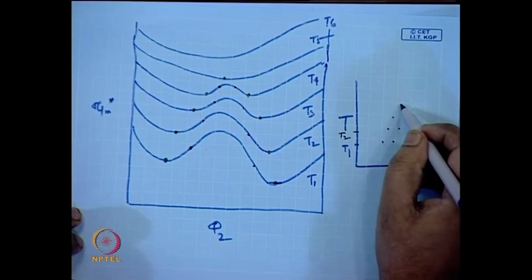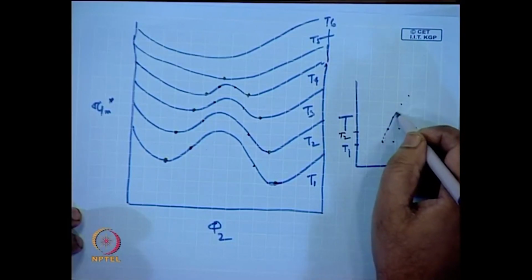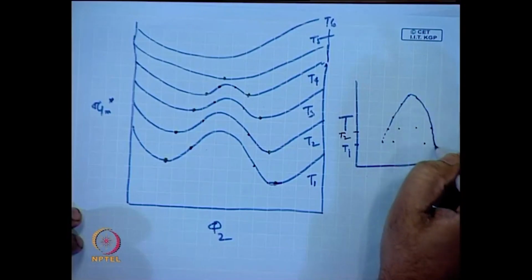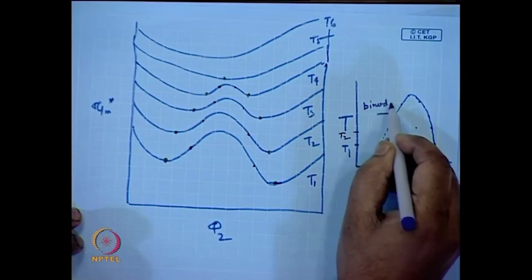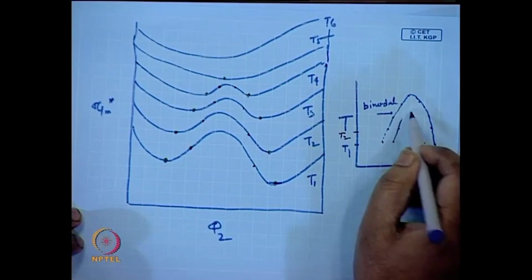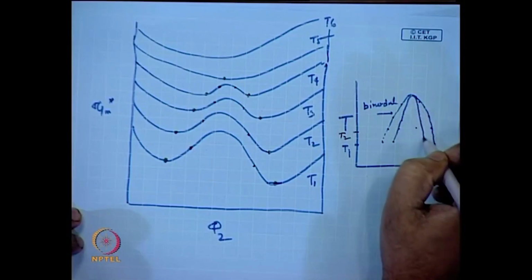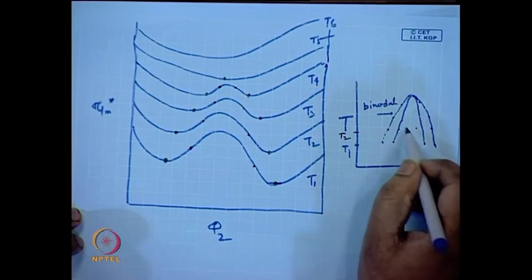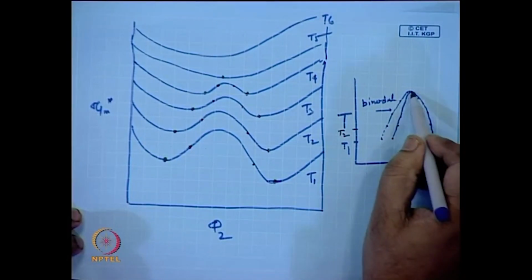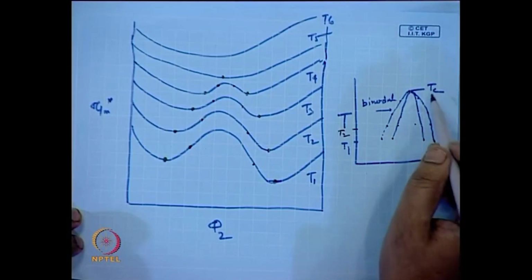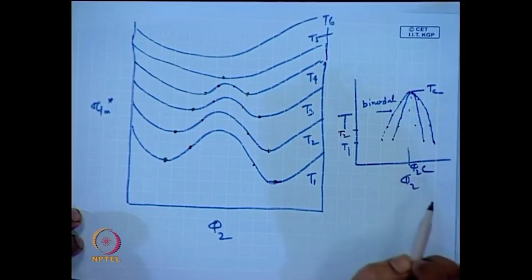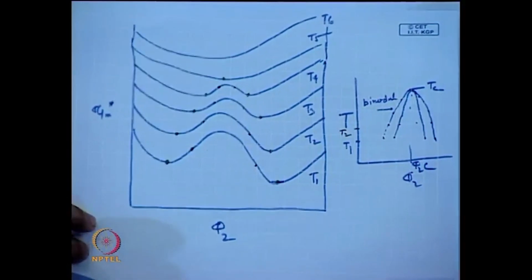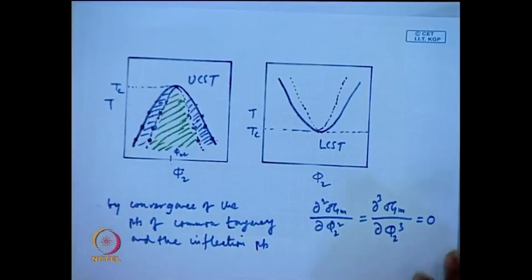If I join them at different temperatures, I will get a line for the binodal points, and then similarly a line for the spinodal points, which will coincide or converge at the same temperature, which we call Tc, the critical temperature, and the corresponding composition here is phi 2 C, which we discussed in the last lecture.